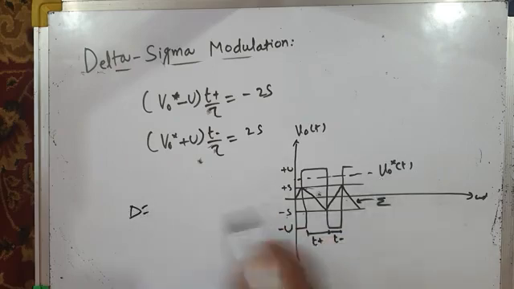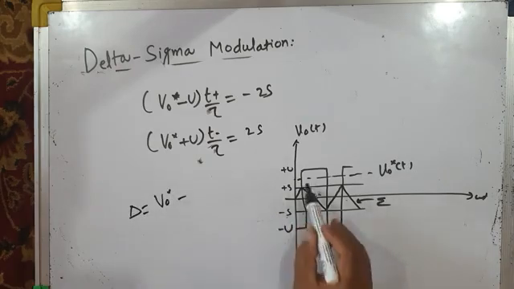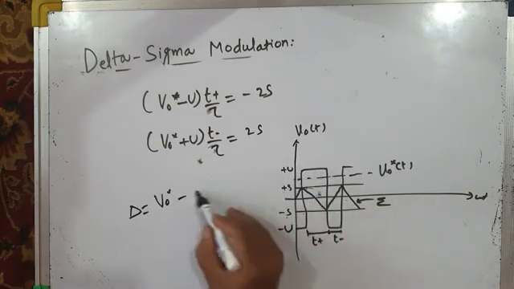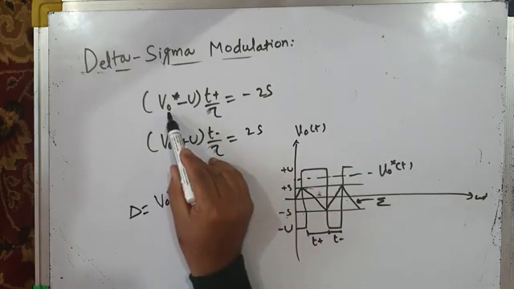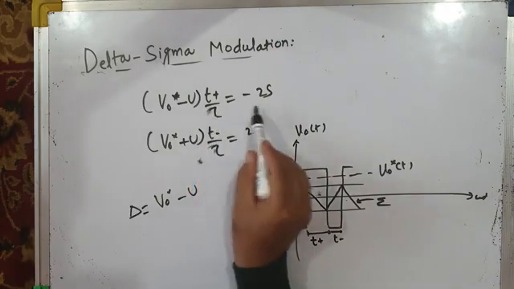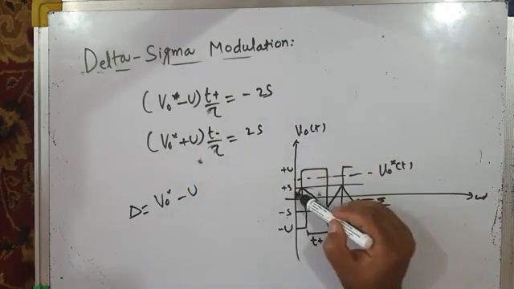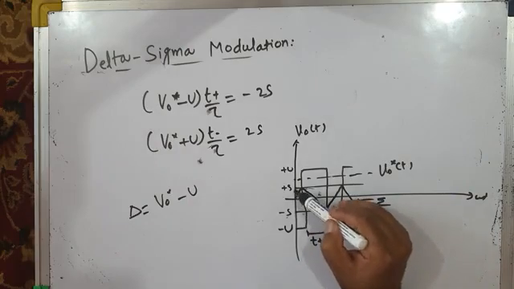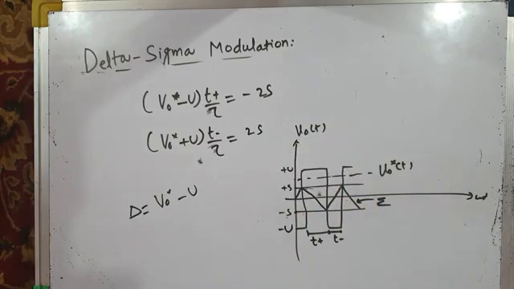Error is reference voltage minus actual voltage. What is my actual voltage? It is U. So that's what I have written here: V0* minus U. And this error we are taking during time interval T plus. T plus by tau is equal to minus 2S. Why minus 2S? Because this is plus S and this is minus S. If you go from plus S to minus S, it is minus 2S.